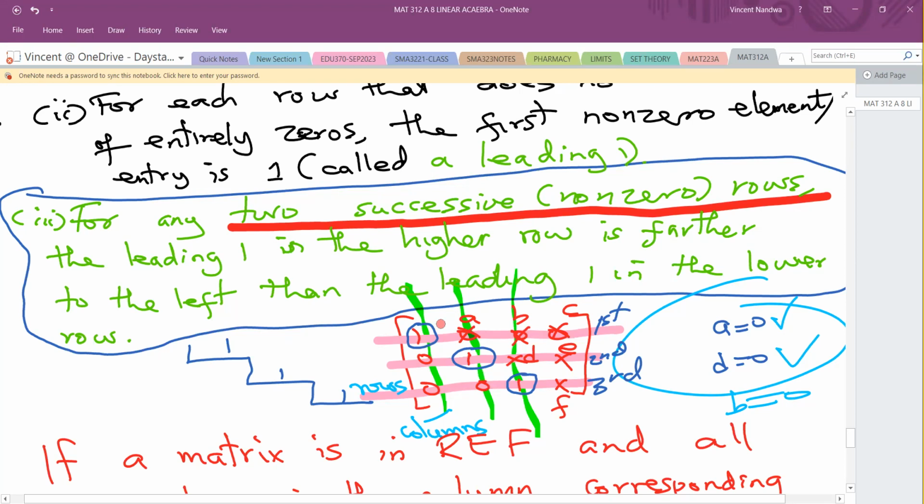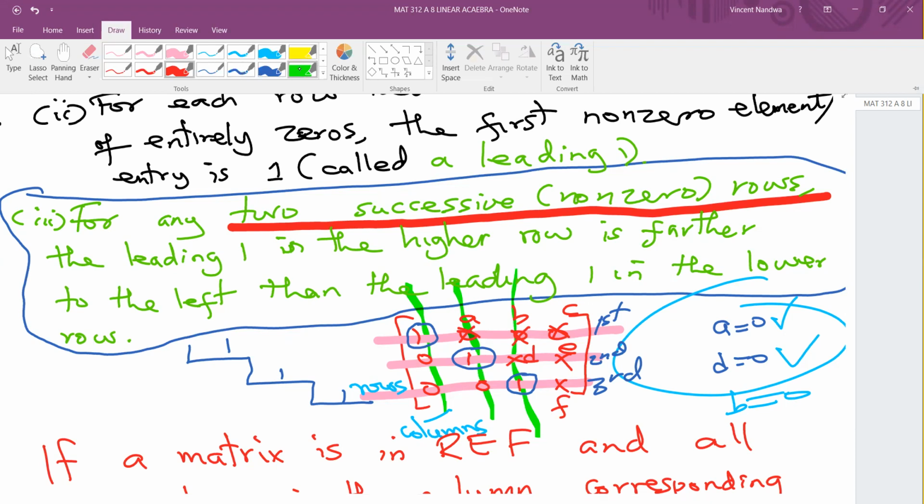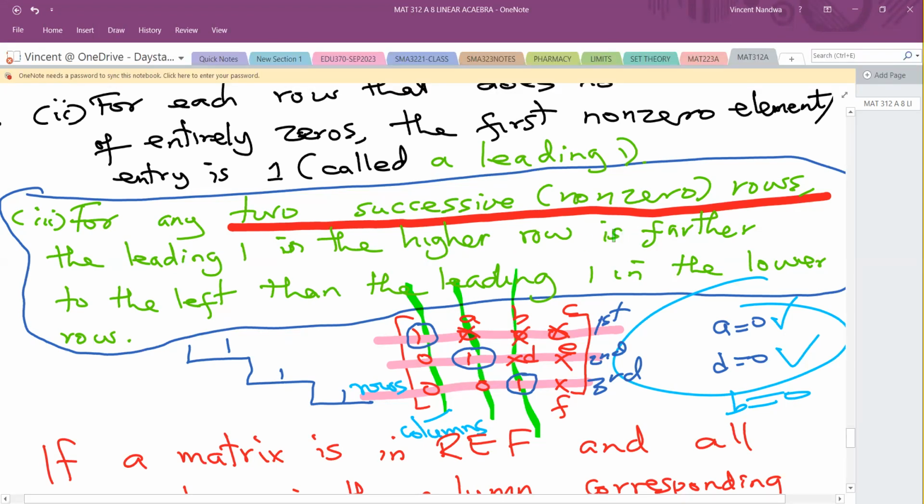Still makes sense. Just like what we have shown in this staircase.